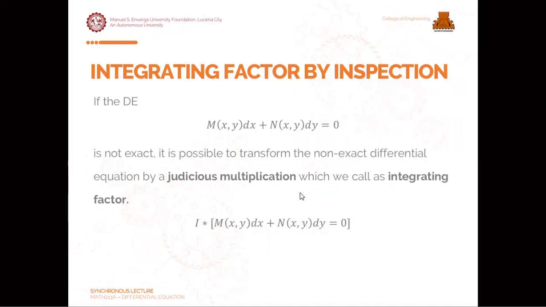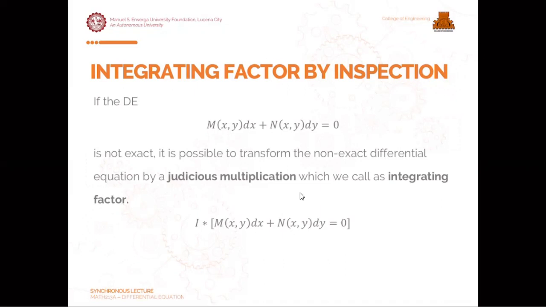Okay, yung madali na natin ma-solve yung required solution natin. So, by using integrating factor by inspection, so basically, nakasalalay yun dun sa magiging itsura nung terms mo kapag ni-rearrange mo siya. So, yung first step mo dito is to regroup yung differential equation mo. So, proper grouping ng differential equation mo.